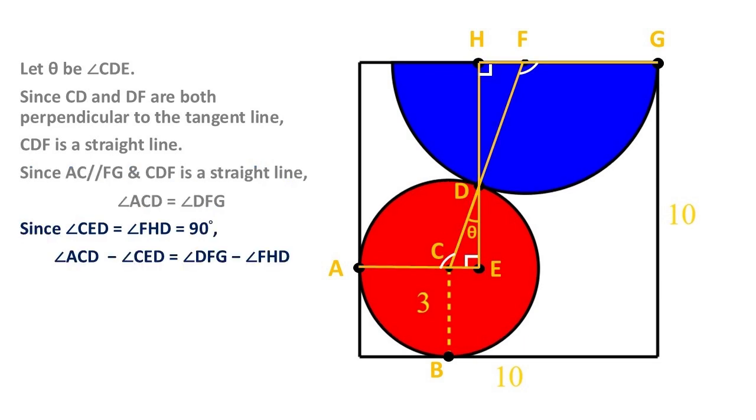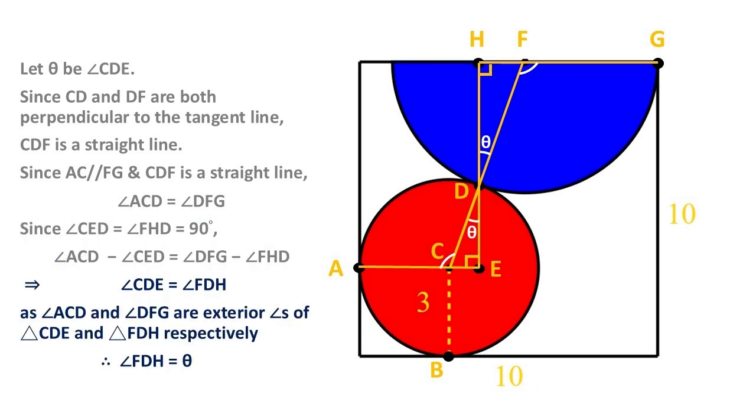So, as both angle CED and angle FHD equal 90 degrees, we can subtract them from the left side and the right side of the previous equation respectively. On the left side, as angle ACD is an exterior angle of triangle CDE, angle ACD minus angle CED yields angle CDE.